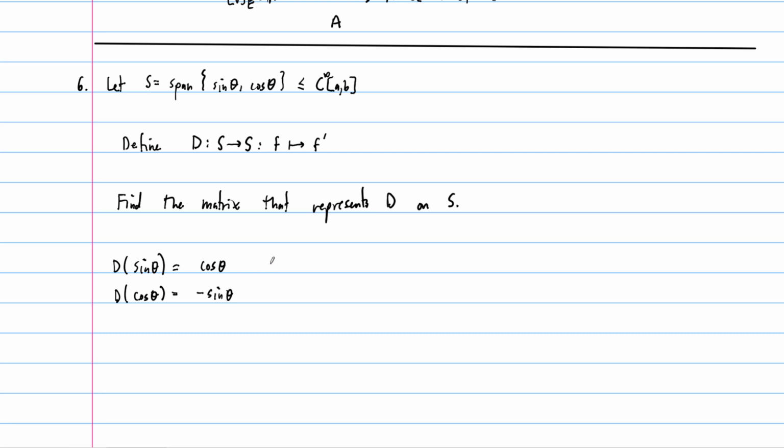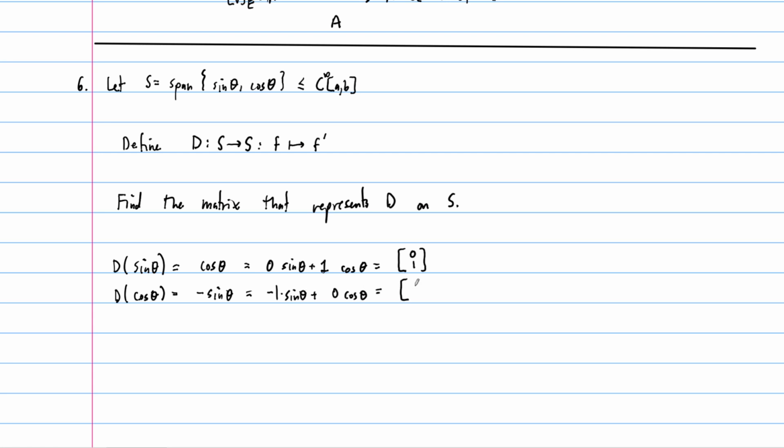Now, we want to write these in coordinates, right? And the coordinates come from this ordered basis here. So this is going to be 0 sine theta plus 1 cosine theta. And so in coordinates, this is the vector 0, 1. The second one is negative 1 times sine theta plus 0 times cosine theta.